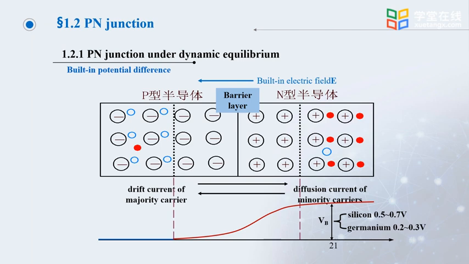At room temperature, we usually take 26 millivolts. In the future, when we introduce the characteristics of diodes or transistors, this is a parameter that will be used frequently. We can use it as a constant, taking Vt as 26 millivolts at room temperature, when calculating. Everyone needs to remember this. This is the built-in potential difference.